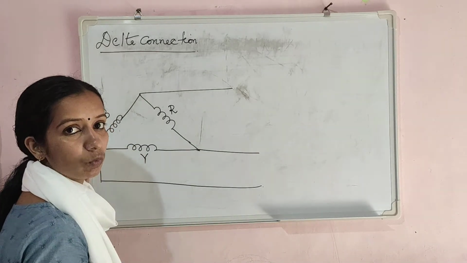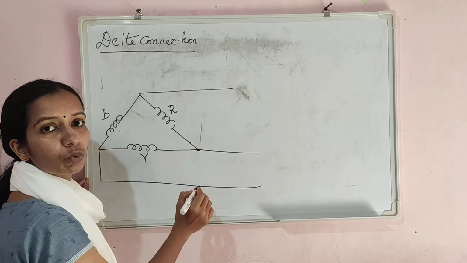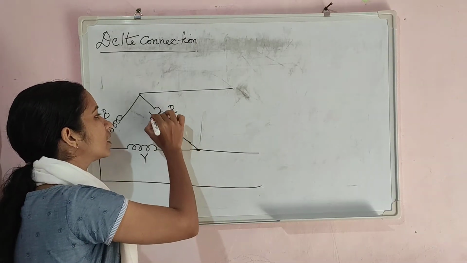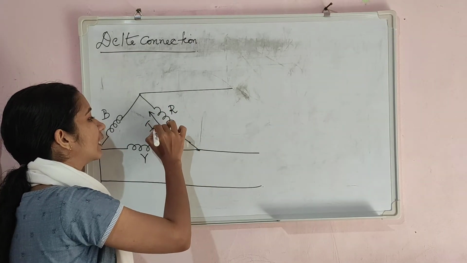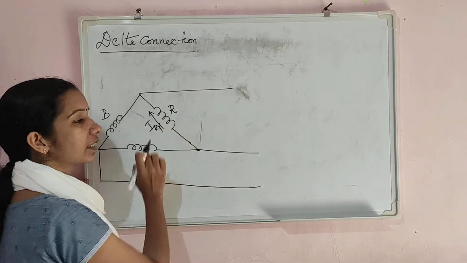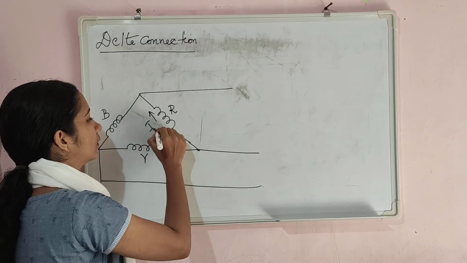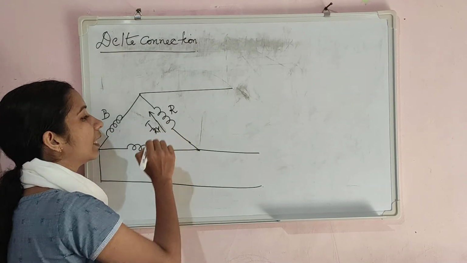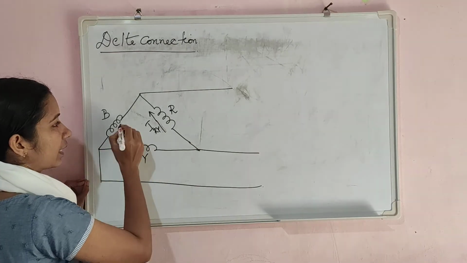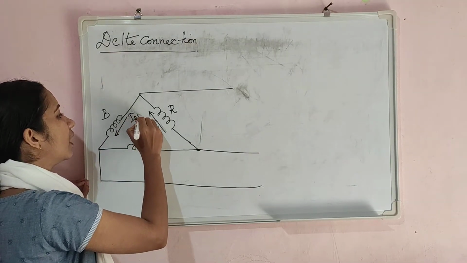This is how the connection is done. And let the current flowing through R phase be marked as IRY. So here in delta connection, this current is marked as IRY. And this current flowing through B phase is marked as IBR.